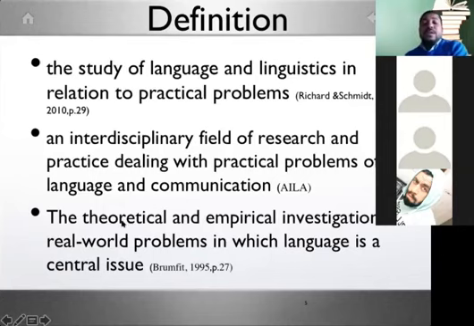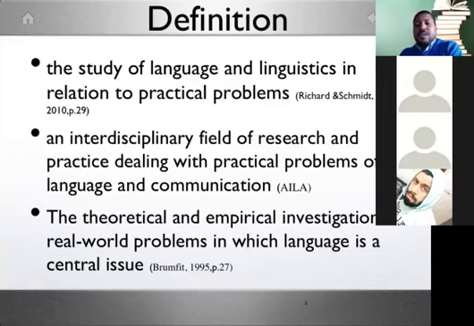These terms, theoretical and empirical, give us an idea again about the nature of this field, which is our next section, the nature of applied linguistics. So it is theoretical, and it is also empirical. When we say theoretical, as we'll see in the next slides, it simply means that this field, although not many applied linguists agree with this idea, tries to build a theory.